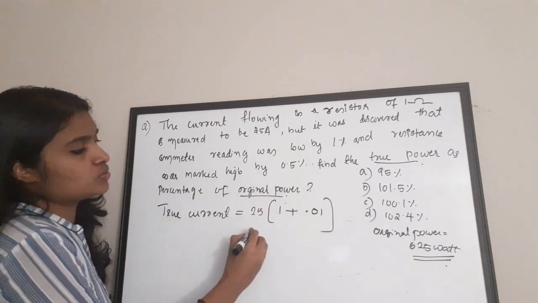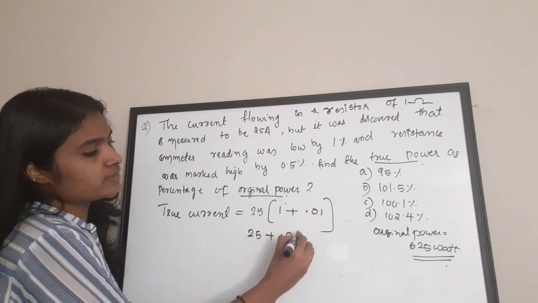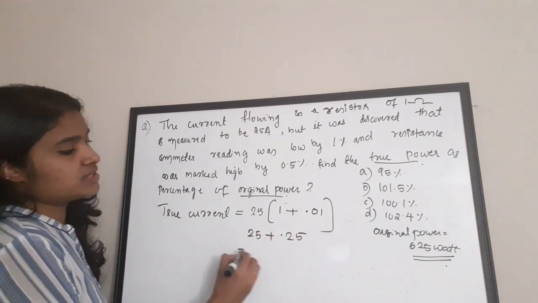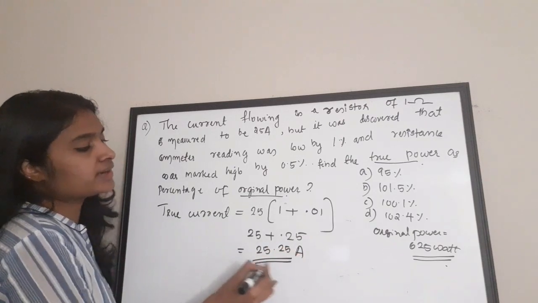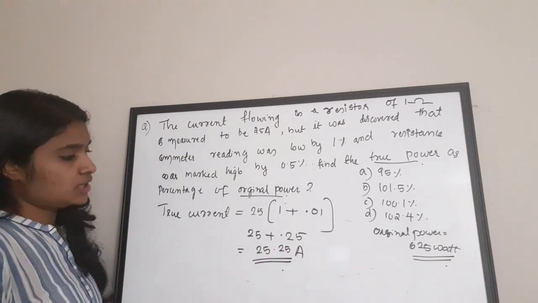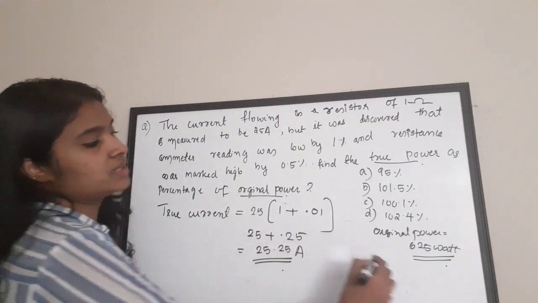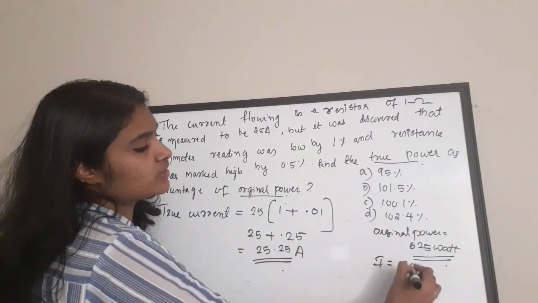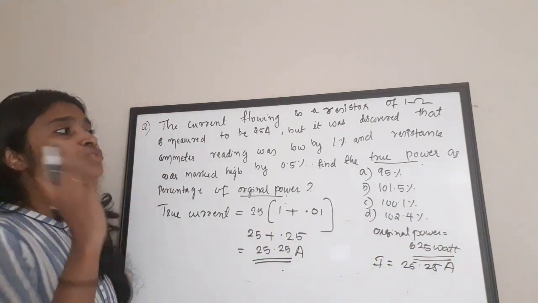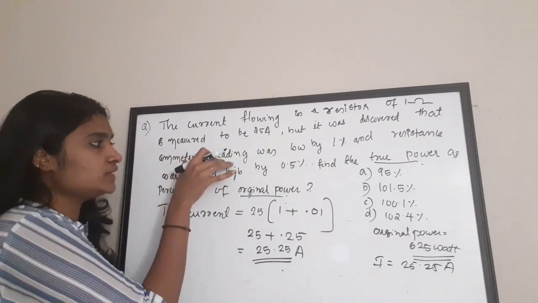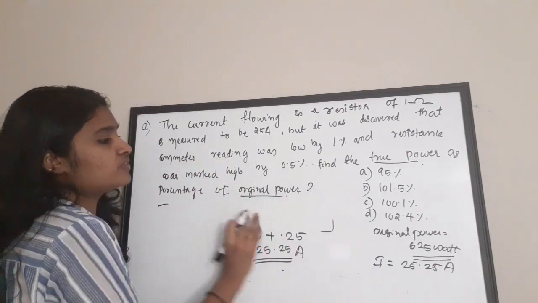So it will be 25 plus 0.25, and 25.25 is the true current value. I is obtained as 25.25 ampere. That is actually the true value of current, but because of the faulty reading of the ammeter we got it as 25.